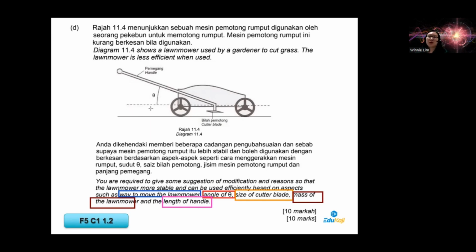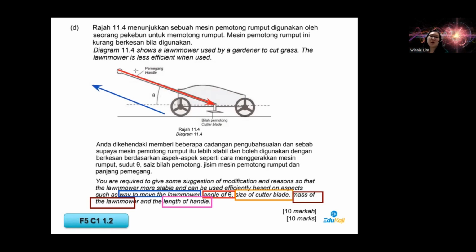As you know, when you use a lawn mower to cut the grass, you want it to exert force on the ground, not be lifted up. You're supposed to make sure they are firm towards the ground. So for the way to move the lawn mower, should you push or pull it?